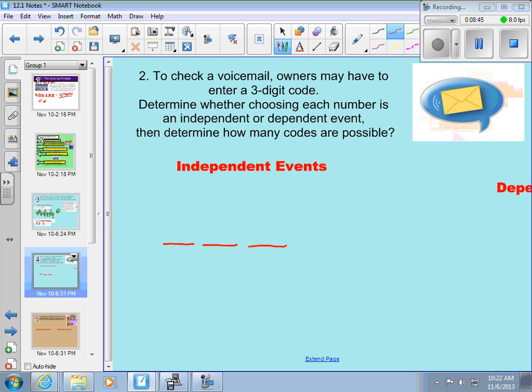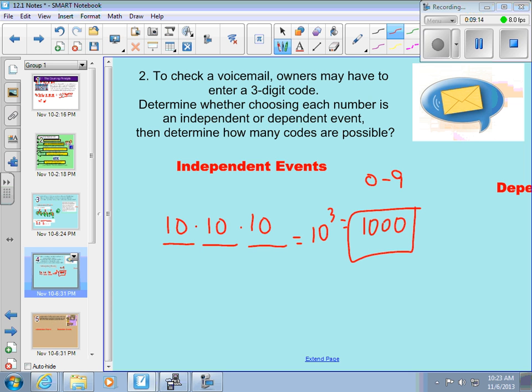We have 3 digits, and we want to put our possibilities in for each. If we're again using the numbers 0 through 9, that would be a total of 10 possibilities. So we have 10 possibilities for the first digit, 10 for the second, 10 for the third. If you multiply 10 times 10 times 10, you get 10 to the third power, which is the same as 1,000. So there's 1,000 different codes possible.